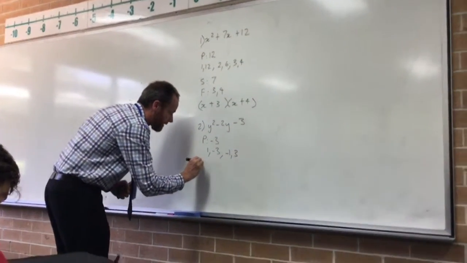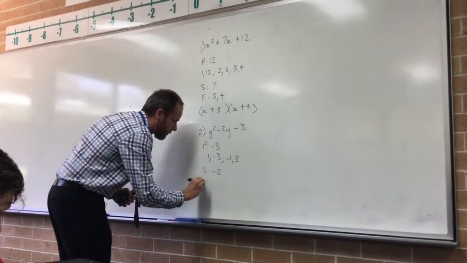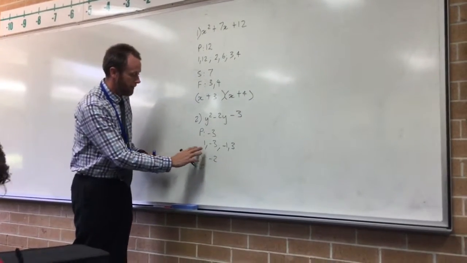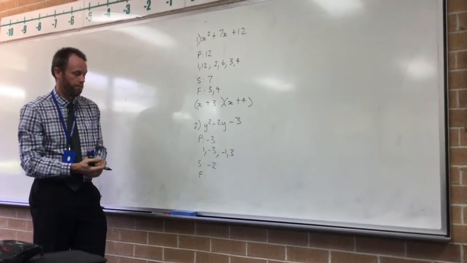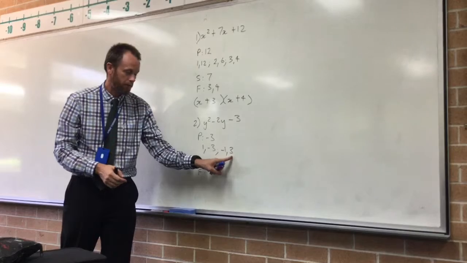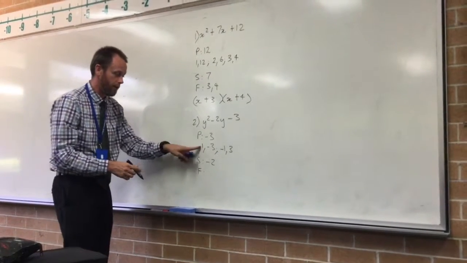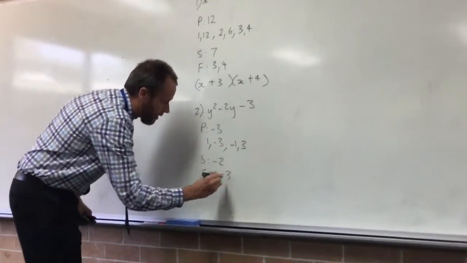So then we have to work out our sum, which is minus 2. What are the factors that multiply together but then add together to give minus 2? Minus 1 plus 3 gives me positive 2. So it must be this one here, 1 and minus 3.